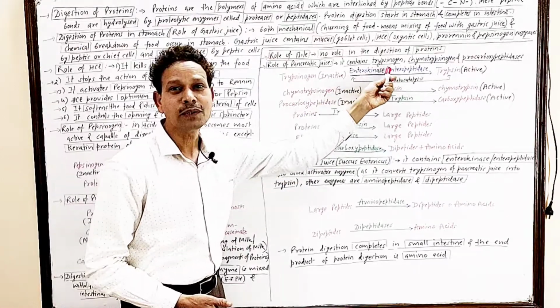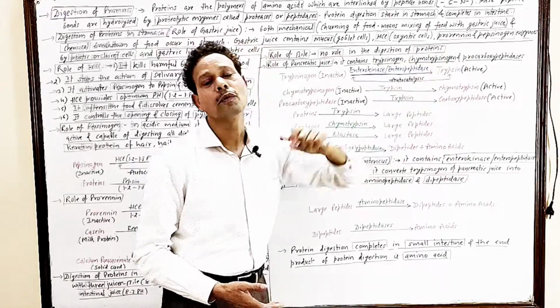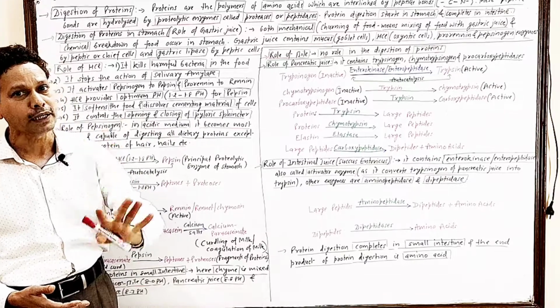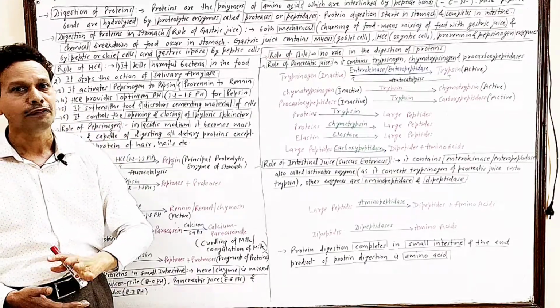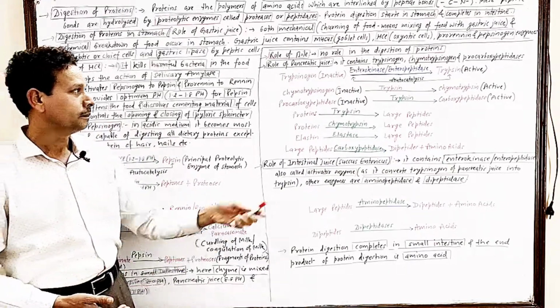These are trypsinogen, chymotrypsinogen, and procarboxypeptidase.